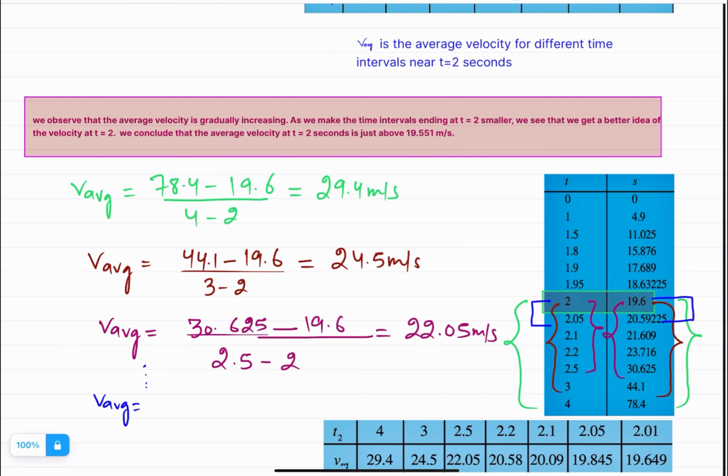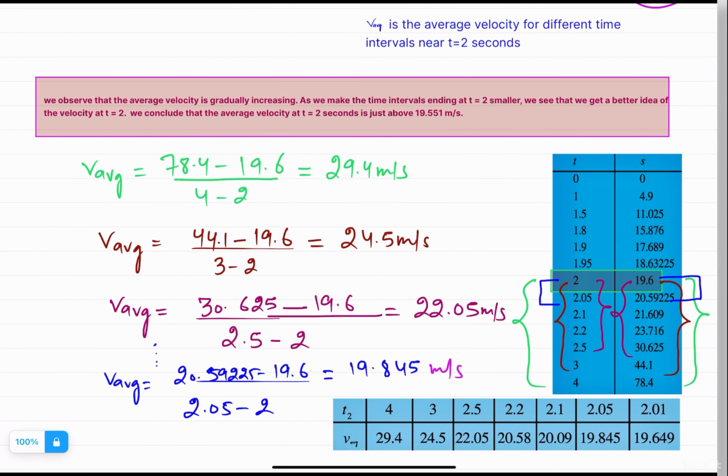That is the change in distance or displacement, 20.5925 minus 19.6, divided by change in time interval or time elapsed, 2.05 minus 2. If we compute it, it will be equal to 19.845.